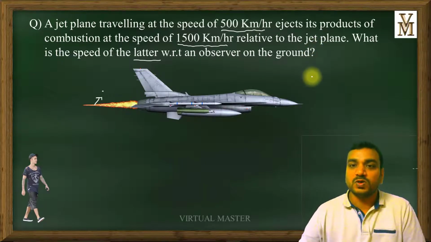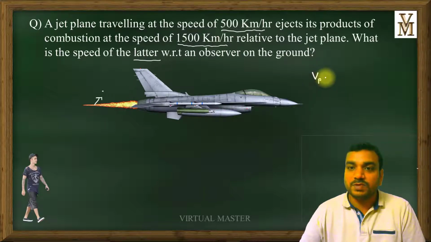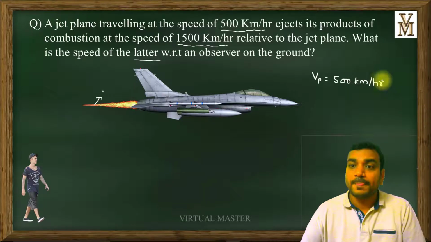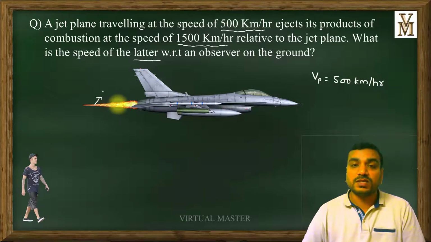So the things which are given: the speed of the plane, I will call it VP, is given as 500 km per hour. The relative velocity of the smoke with respect to the plane is given.